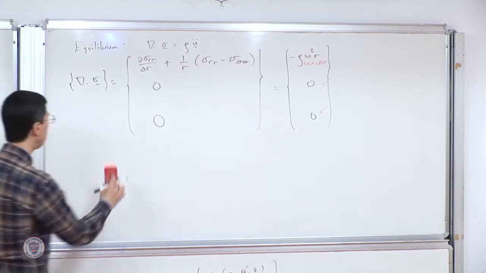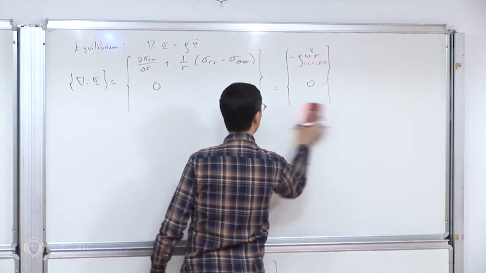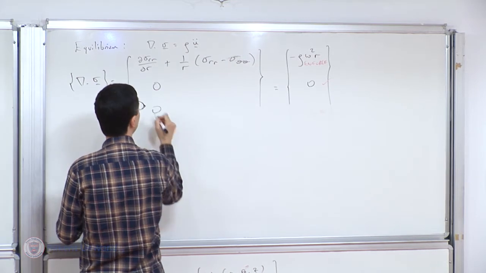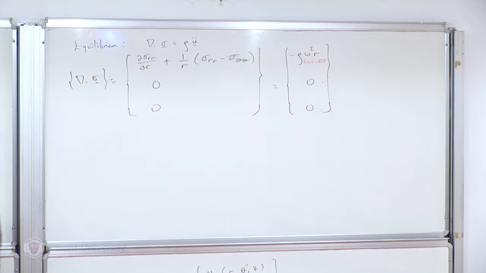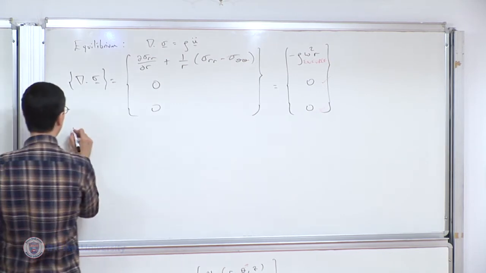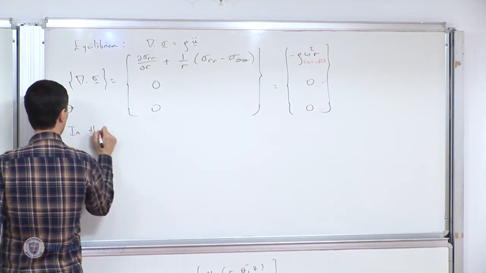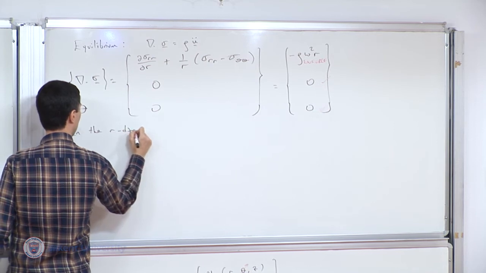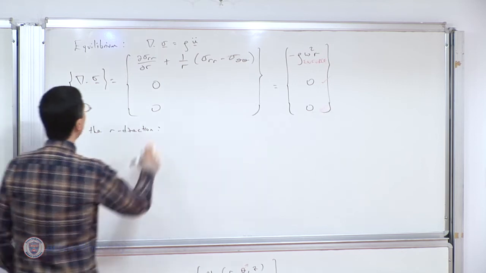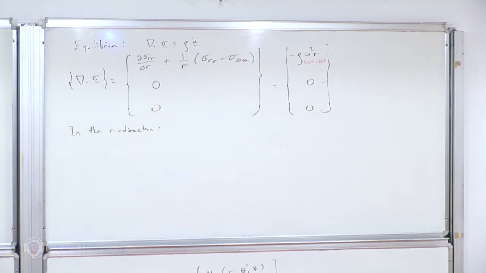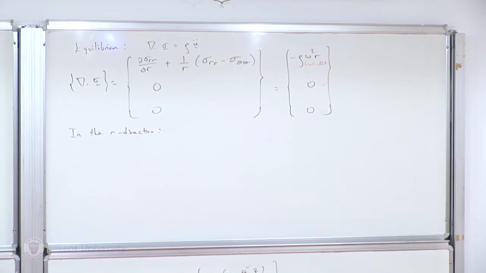I have been very generous with my zeros, so let me narrow it down a little bit. In the r direction, that's equal to minus rho omega squared r. That's the term that I'm dealing with.